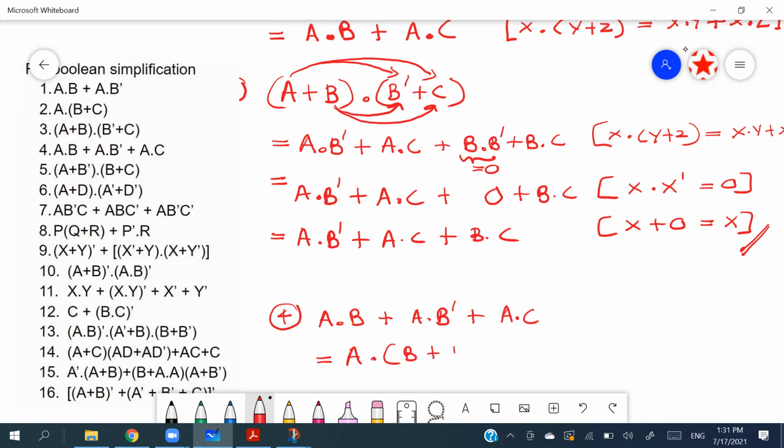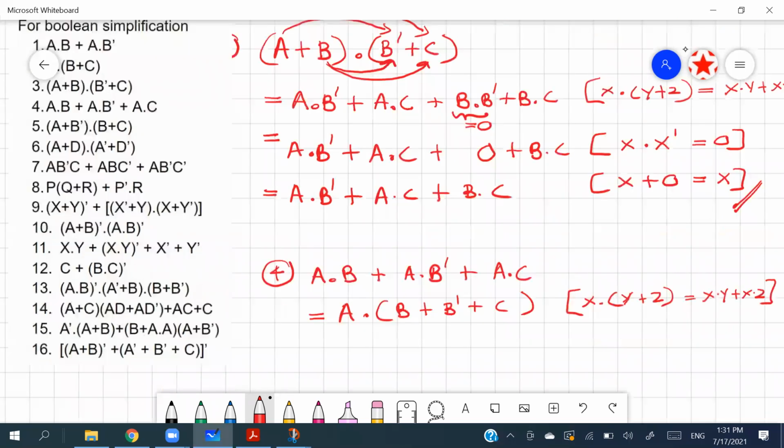So B plus B bar plus C will be there in the brackets. So the reason is distributive law, the reverse of it. So Y plus Z will give you X dot Y plus X dot Z.